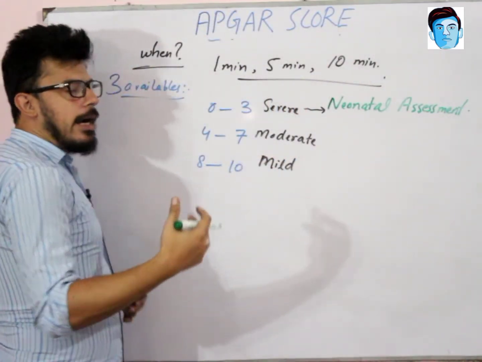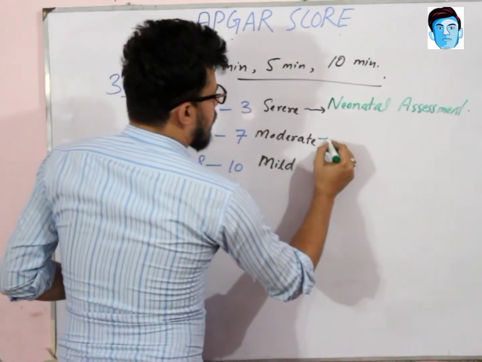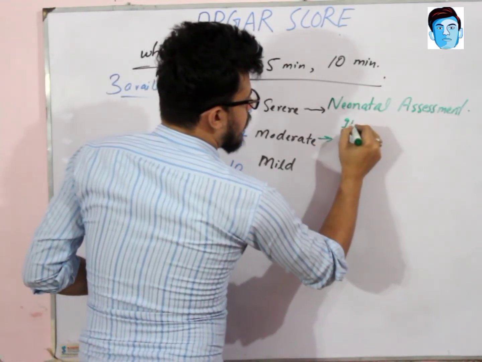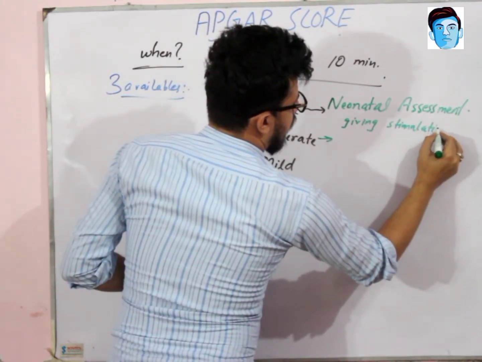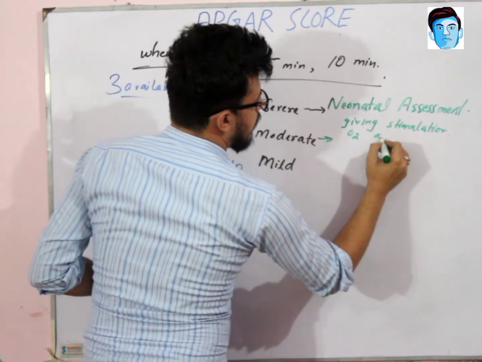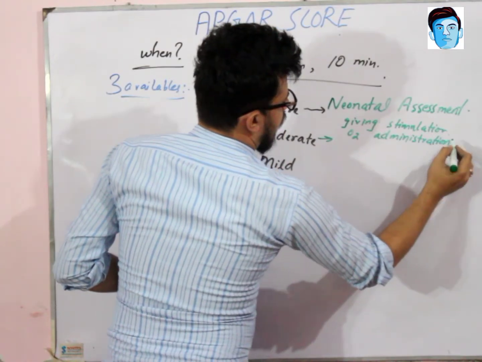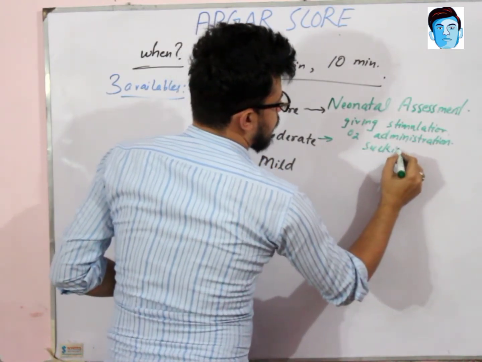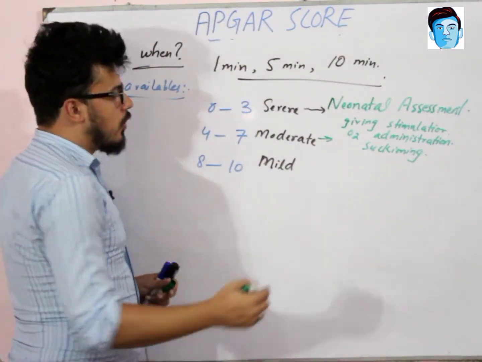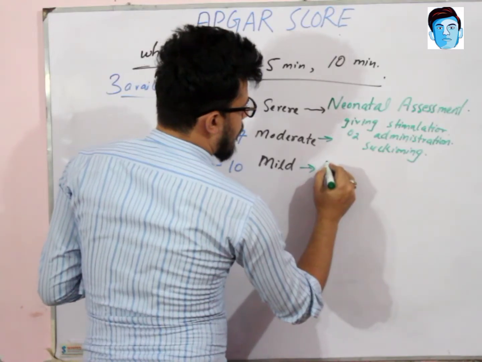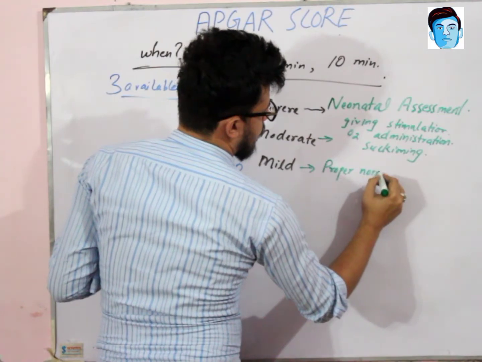Now if the child is in moderate risk, the most important thing is giving stimulation to the baby, secondly oxygen administration is important, and suctioning is important. While if the condition is mild, just do proper normal care to the baby.